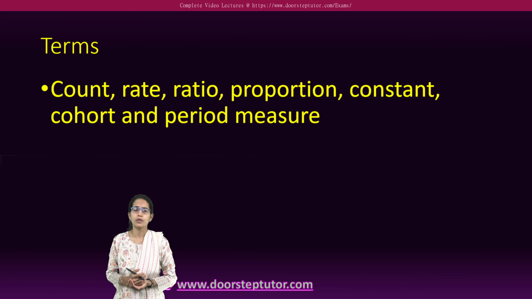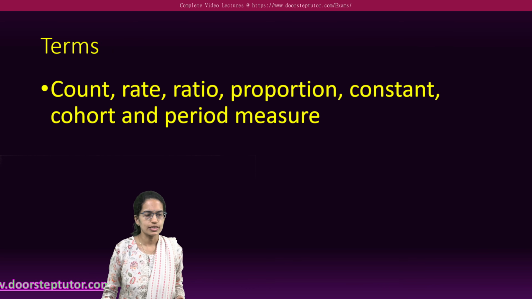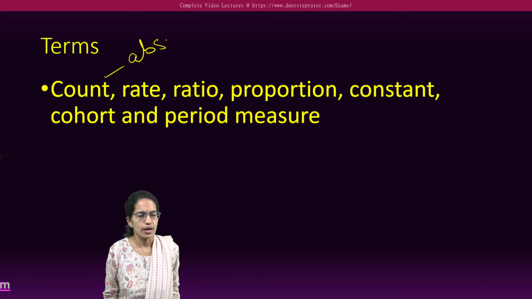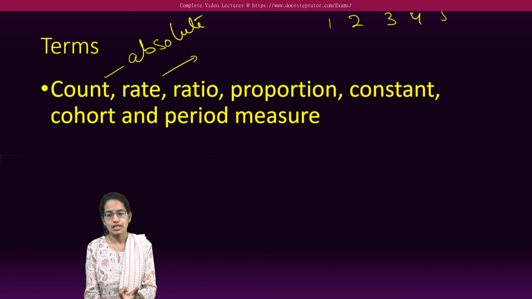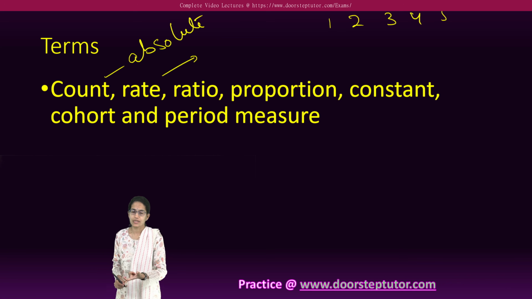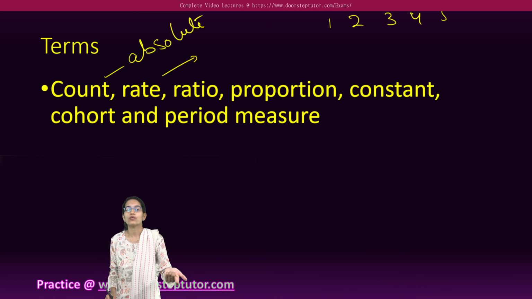Now, when we talk about demography, we have certain terms that we come across. So, count. What is count? It's the absolute number. So, there are 5 people standing. I count them as 1, 2, 3, 4, and 5, right? What is the rate? Rate is the frequency of an event in a particular time period. So, let's say how many cyclones have occurred in 2023.